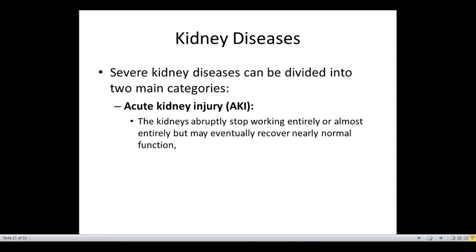The kidneys abruptly stop working entirely or almost entirely, but may eventually recover nearly back to normal function.